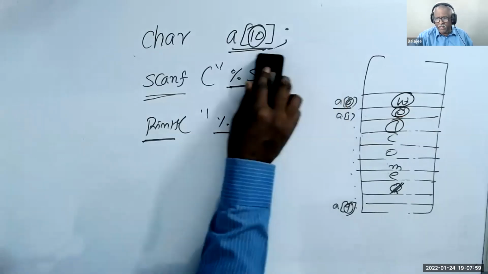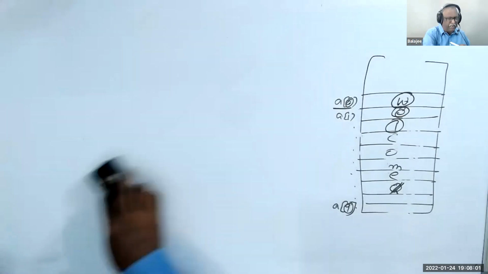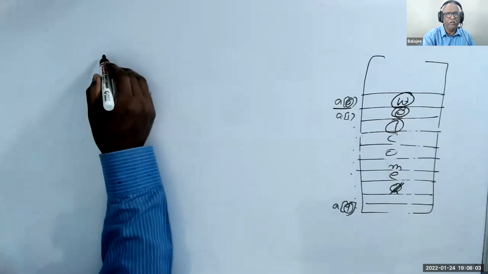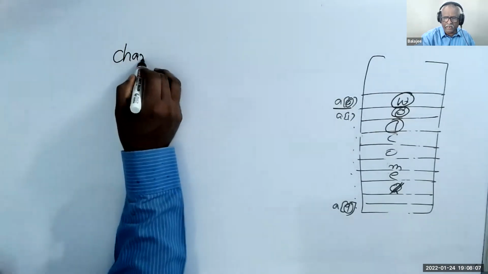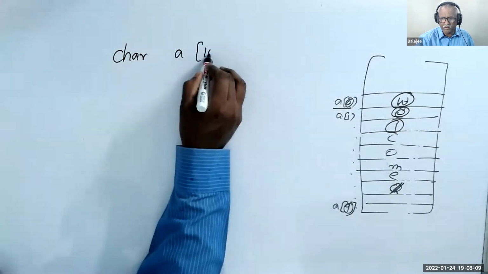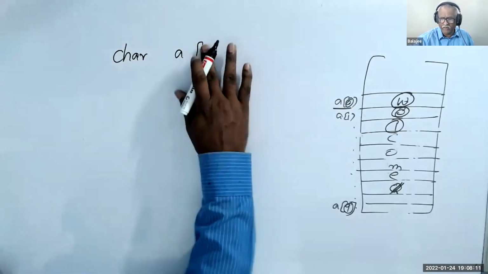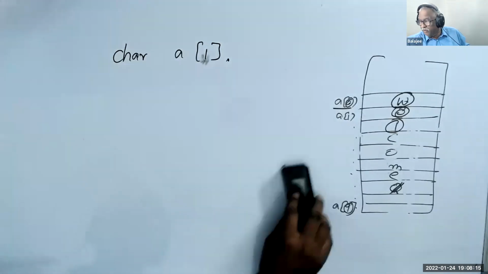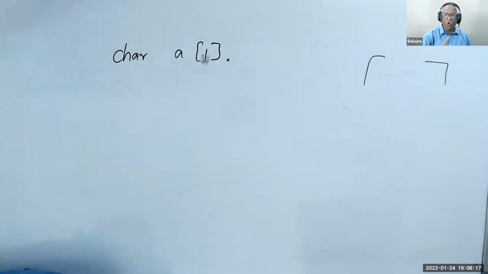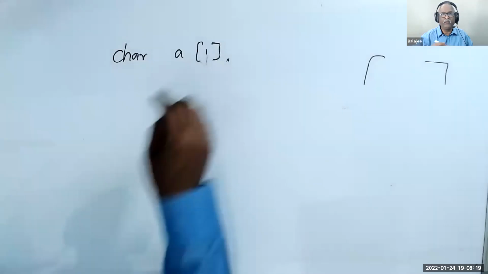This is one thing. The second major problem in arrays is where we generally get confused. See here. Char A of 10. So I put, let's say, A of 1. Understand one thing. Now I have declared only one element in the array.